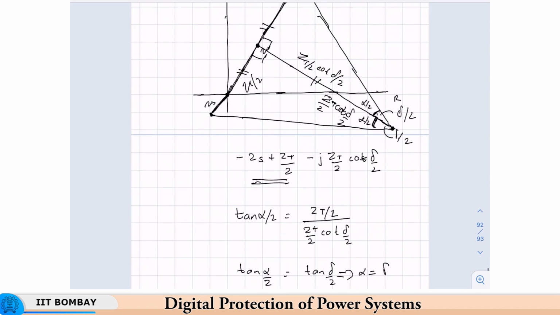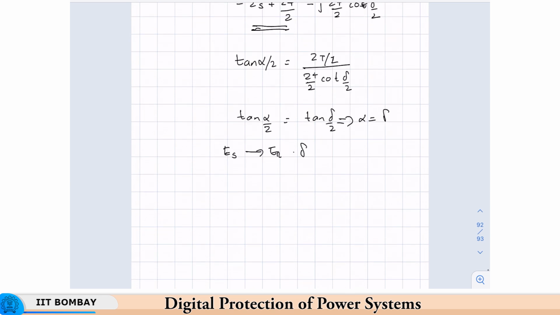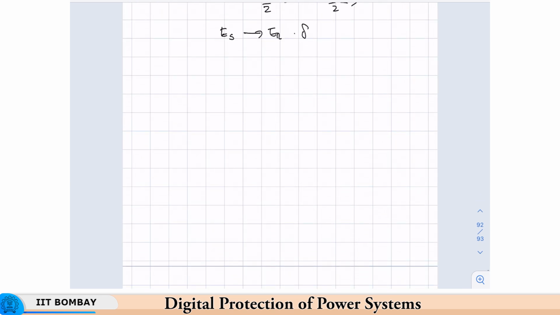So, when the swing takes place on the Rx plane, it actually appears like this. This is your ZS, this is Z line, and this is ZR.